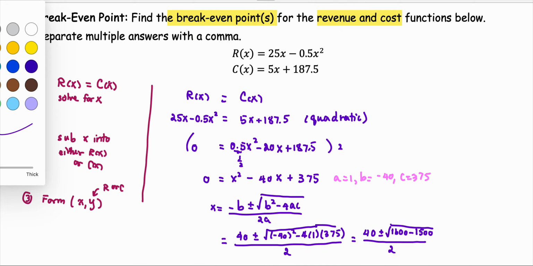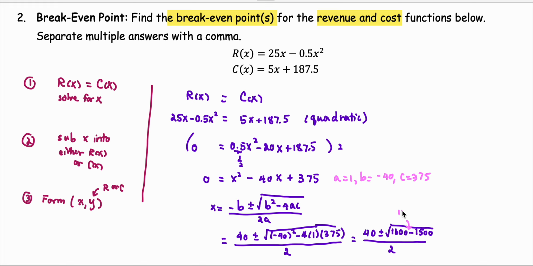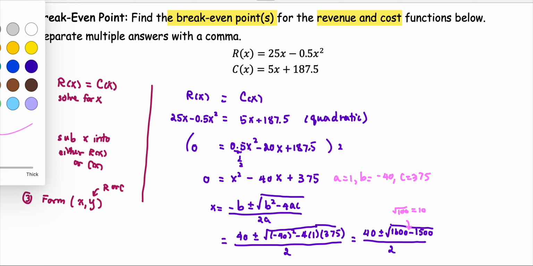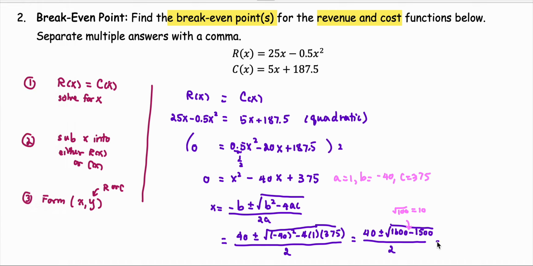Breaking down the problem, the radicand here becomes 100. The square root of 100 is 10. Therefore, the numerator will be 40 plus or minus 10, all divided by 2. If you add 10, it's 50 divided by 2, which is 25. If you subtract 10, it's 30 divided by 2, or 15.